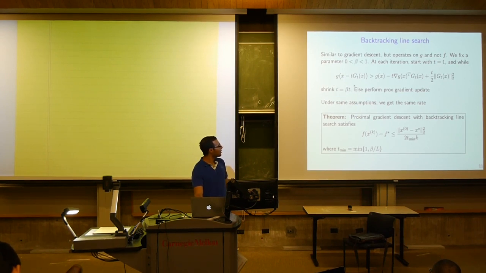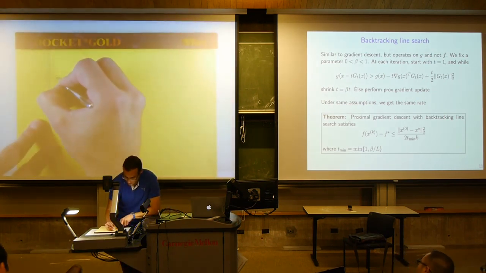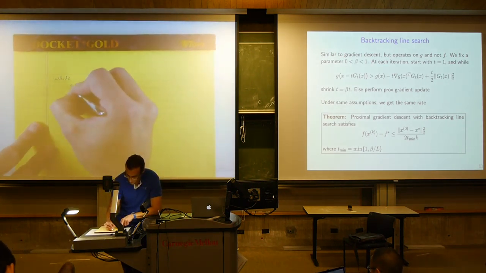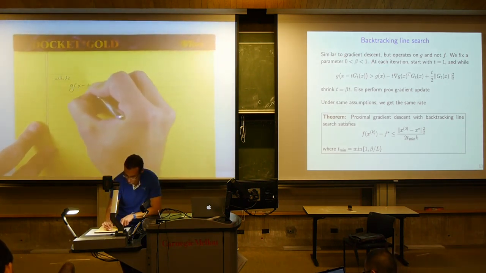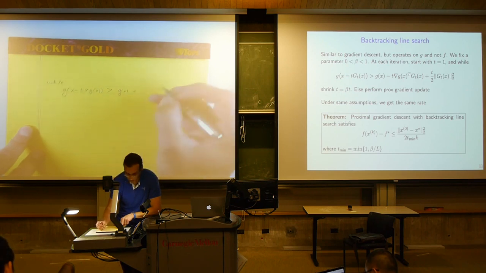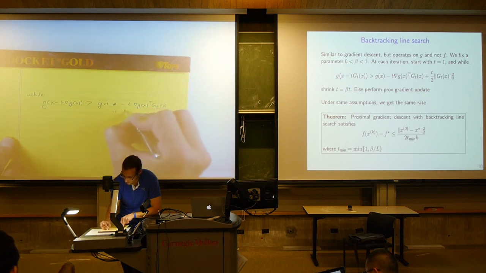And something that we pointed out last time, just to write this out a little explicitly, what we're really doing is we're saying, while this is true, we have to check whether or not we've descended on the smooth part of the criterion.